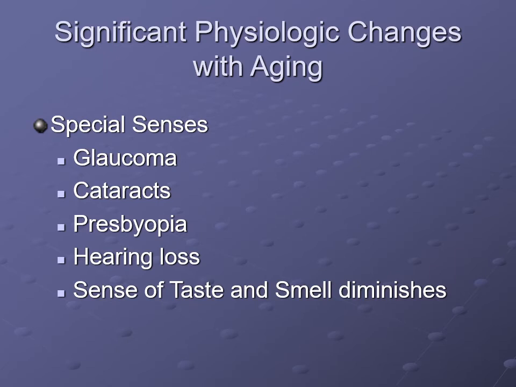Presbyopia, loss in near vision, hearing loss, and that's a normal change that occurs due to degenerative changes in the inner ear in the nerve cells of the cochlea, or could be the nerve cells supplying the ear. Sense of taste and smell diminishes with age as well.